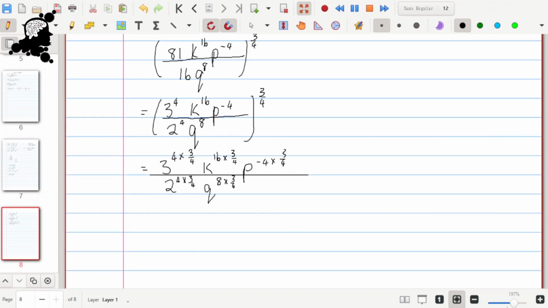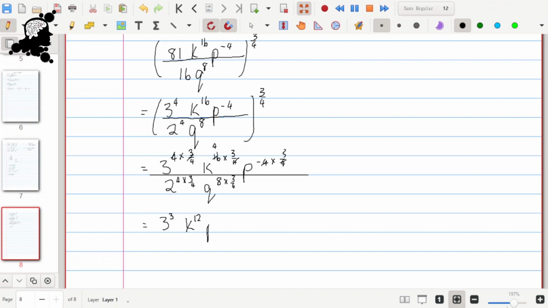After getting to this point, we now need to go ahead and simplify our exponents. The 4 and the 4 will cancel. We remain with 3 to the power 3. 4 goes into 16 4 times, 4 times 3 gives us k to the power 12. The 4 and the 4 cancel here.